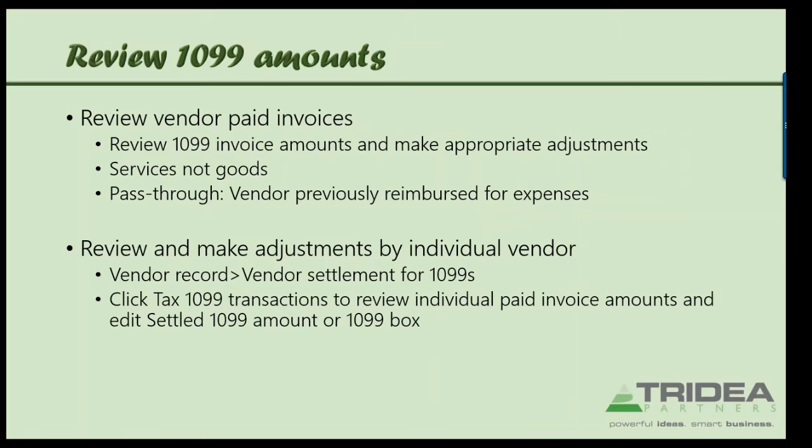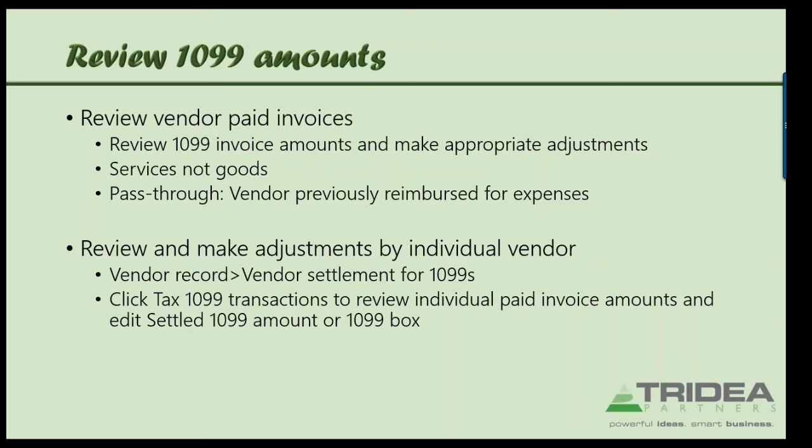And if any amounts need to be adjusted, we can do that in the vendor settlements for 1099 form. So generally, all companies perform the 1099 review differently, but generally they're going to review the 1099 invoices and review the amounts and make adjustments necessary.